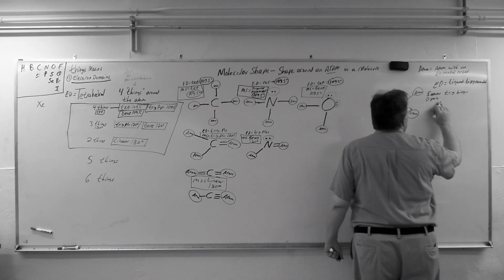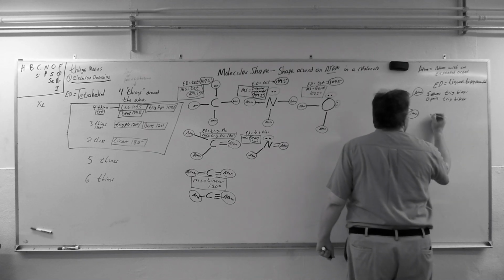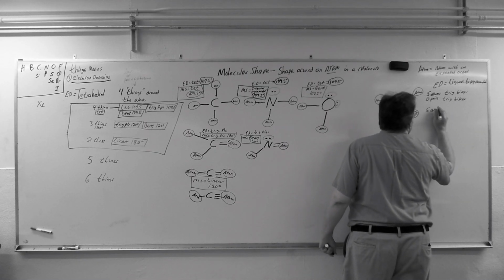If there are 0 electron pairs, it just defaults to trigonal bipyramidal.